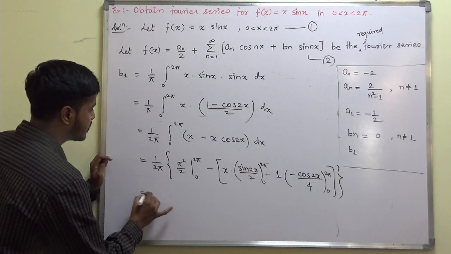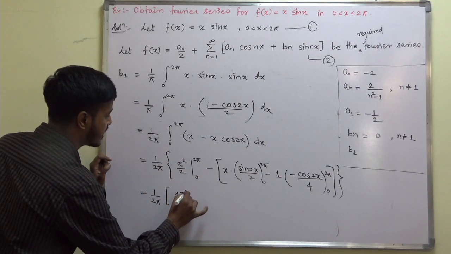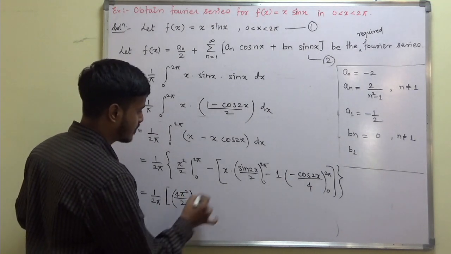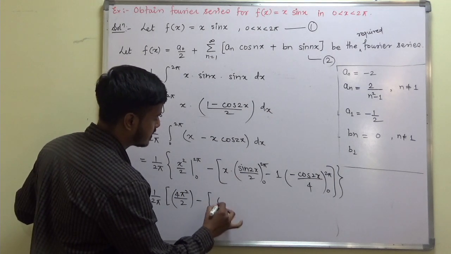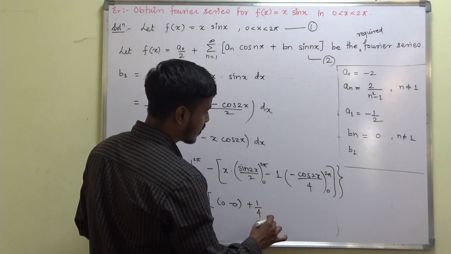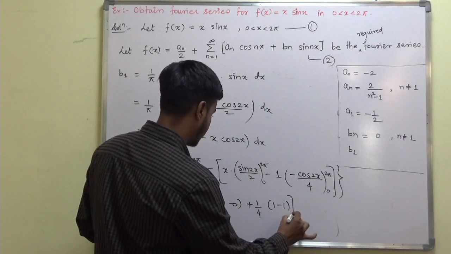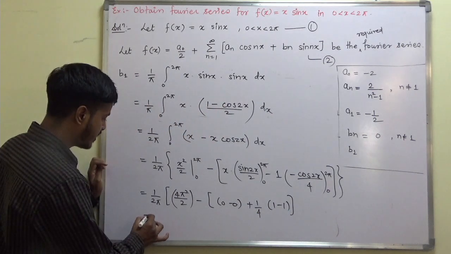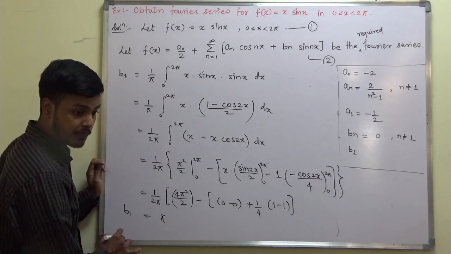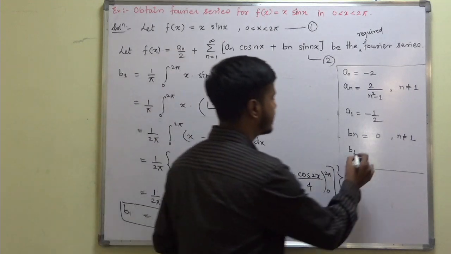So this will give you 1 by 2 pi, this is pi square upon 2 minus, what about this? This is 0 minus 0. This is plus 1 by 4, cos 2 pi is 1, cos 0 is 1, so this is 0. So we have the 2 cancel. So B1 as pi I am getting. Okay, so B1 is pi.